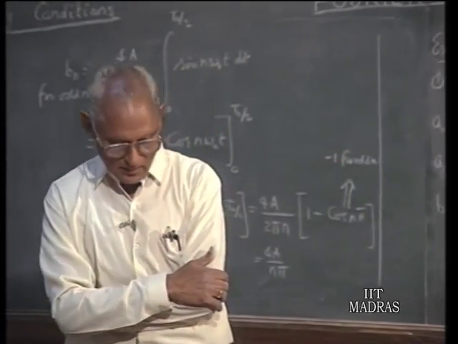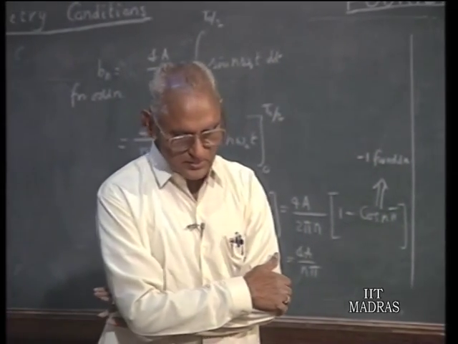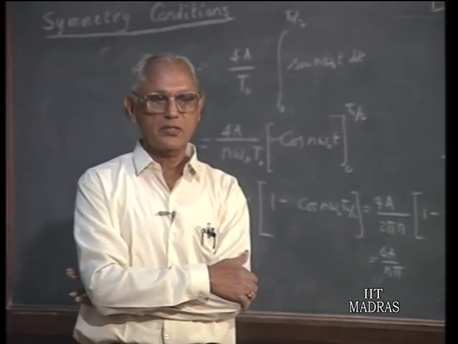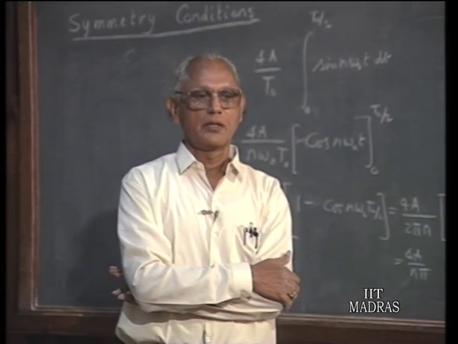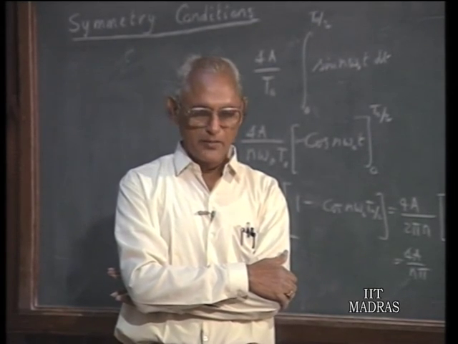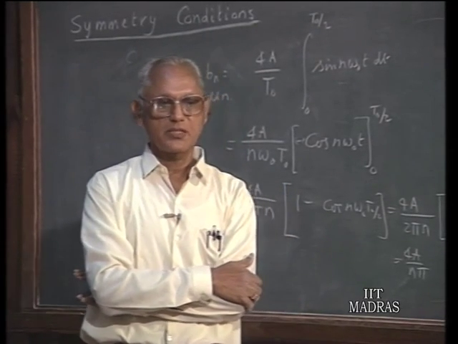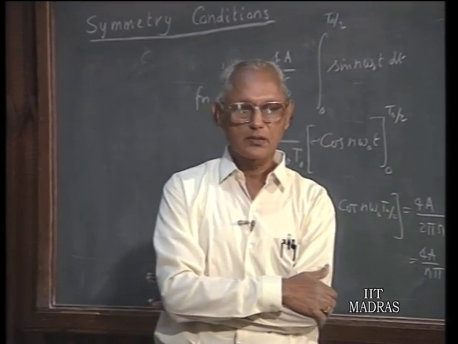There is another kind of symmetry which we mentioned in passing, that is when the function repeats itself identically for every half cycle. In that case only the even ordered harmonics are present, that means the second harmonic, fourth harmonic, and so on.